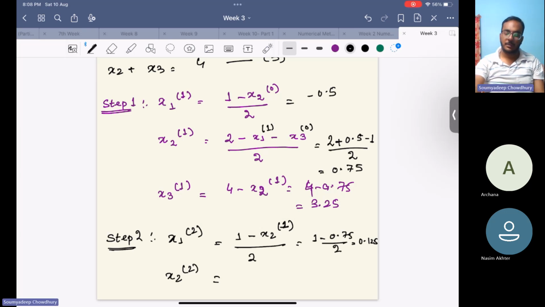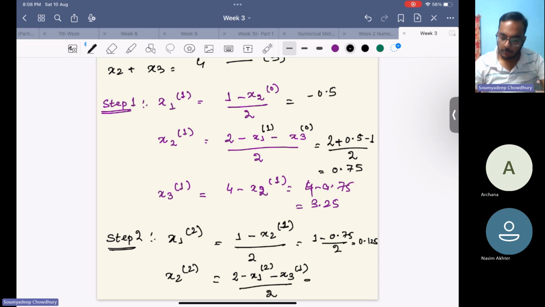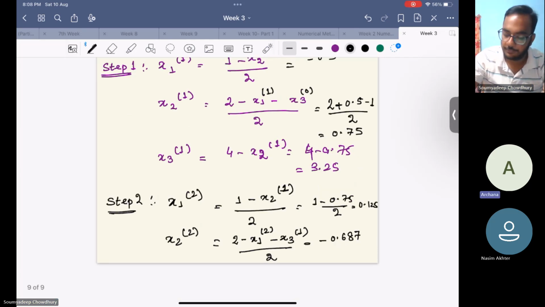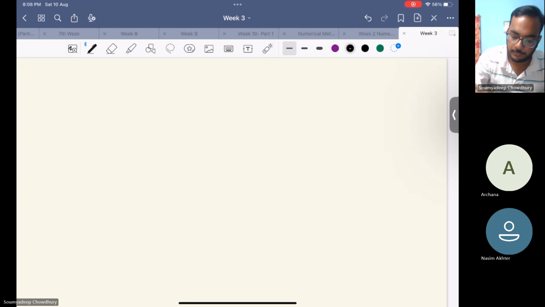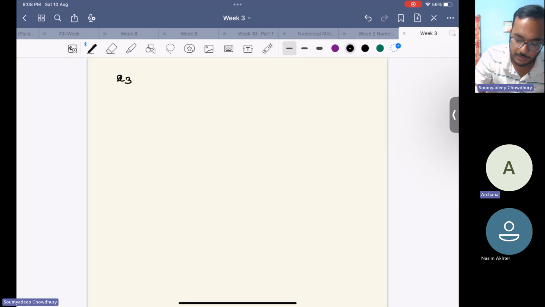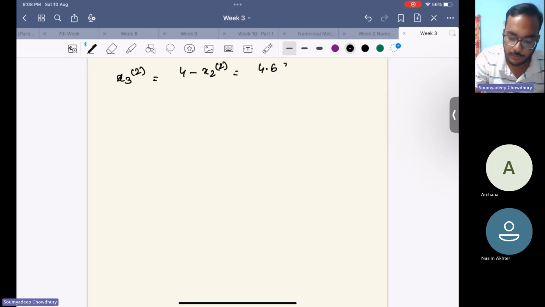Just see the previous step. So it is 2 minus x1 of 2 minus x3 of 1 by 2. If you calculate, it will be minus 0.687. Similarly, x3 of 2 will be equal to 4 minus x2 of 2, that is 4.687. Like this, you have to go on doing.